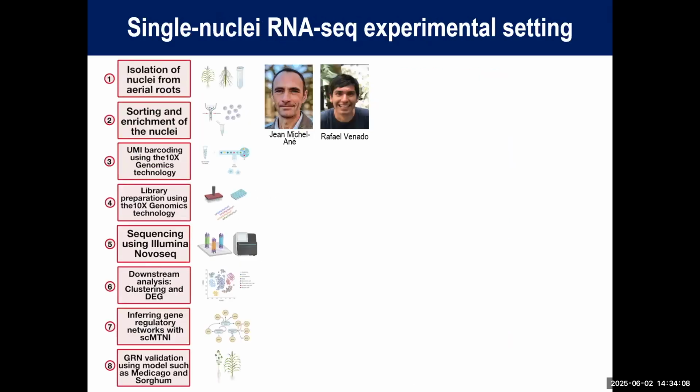For this, collaborators and a lab at UW-Madison generated some single nuclei experiment data. And Roy Lab is focusing on the downstream analysis of clustering and inferring cell type specific gene regulatory networks.